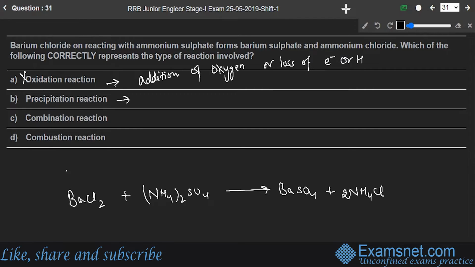This is a reaction in which two compounds exchange ions to form two new compounds, out of which one is an insoluble compound, which we also know as a precipitate, because it settles down.